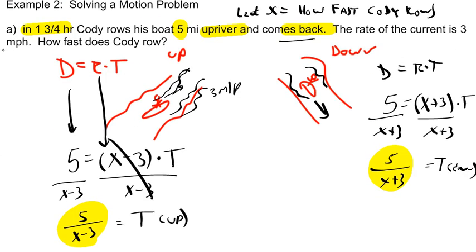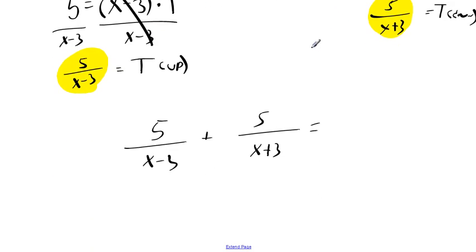The total time, again, was 1 3/4, but we don't want to write it as 1 3/4. Let's write that as an improper fraction. The way you do that is you multiply the whole number and the denominator, and then you add the numerator. So 4 times 1 is 4, plus 3 is 7, and then you keep that same denominator of 4. That's the number that I want to set that equal to.